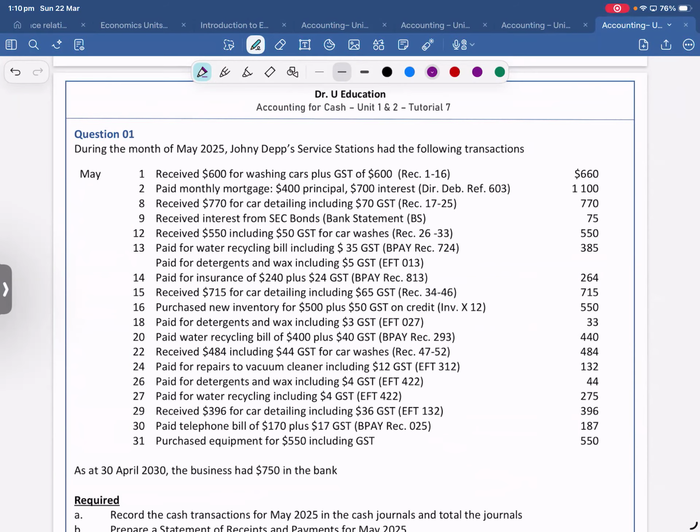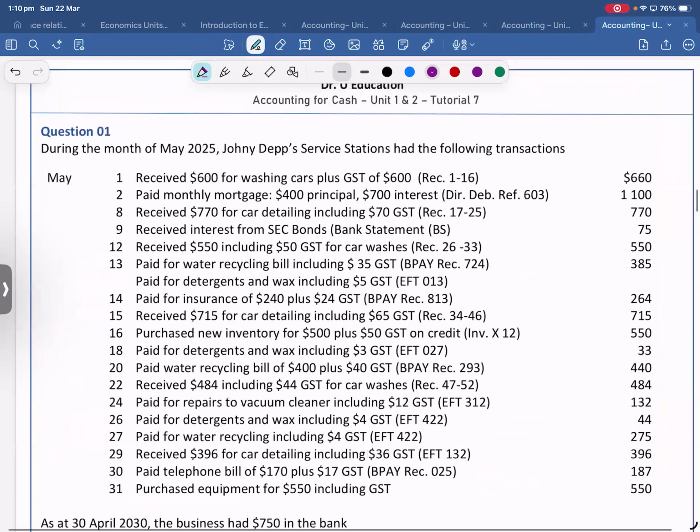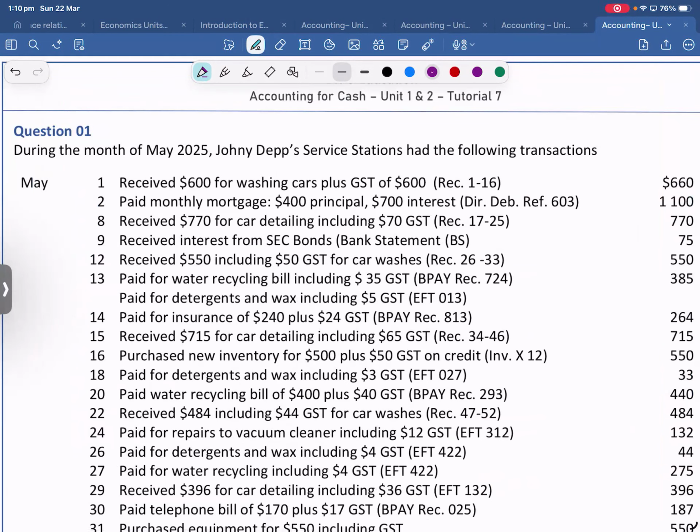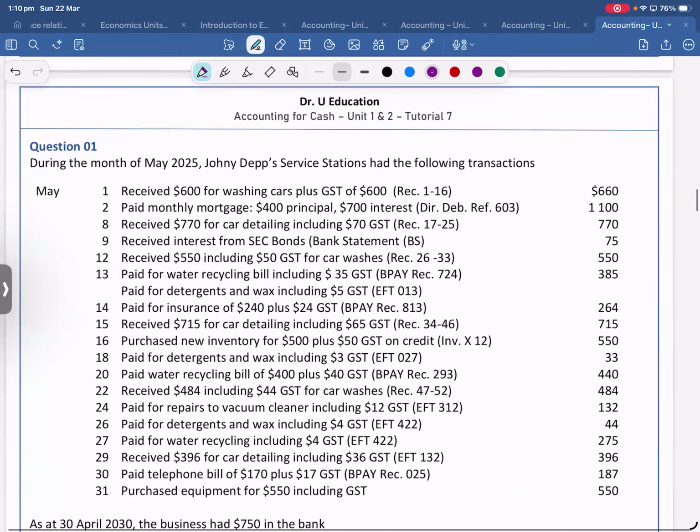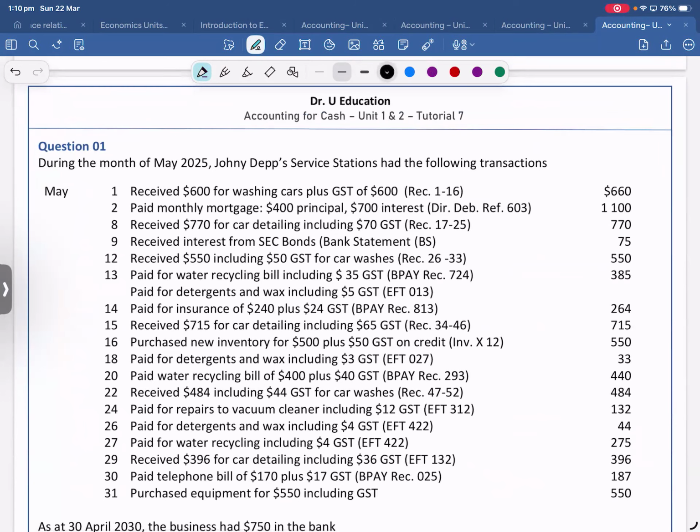Now it says May 1st received 600 for washing cars plus GST 600, right? So we received 600. This one, okay, there is a printing mistake. This should be 60, not 600. Just make it 60. Right. Received 600 for washing cars plus GST.